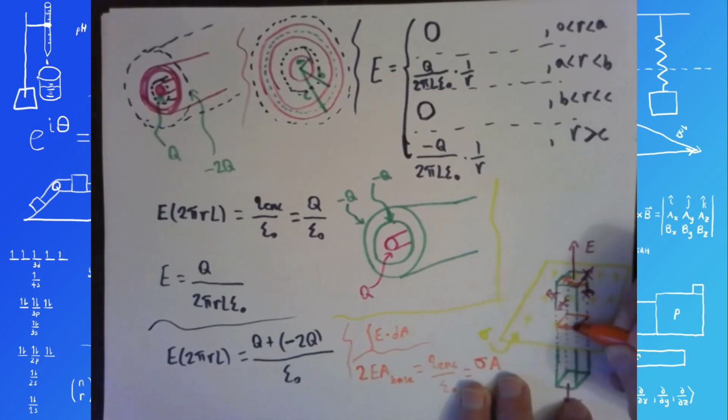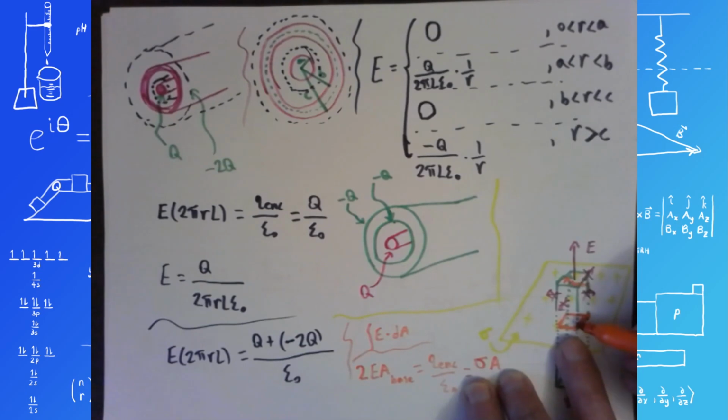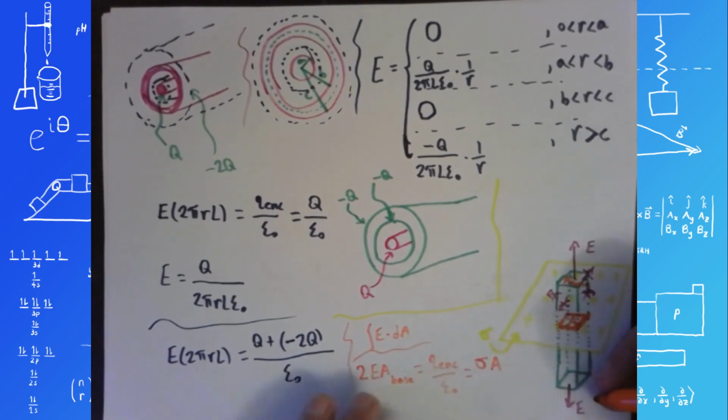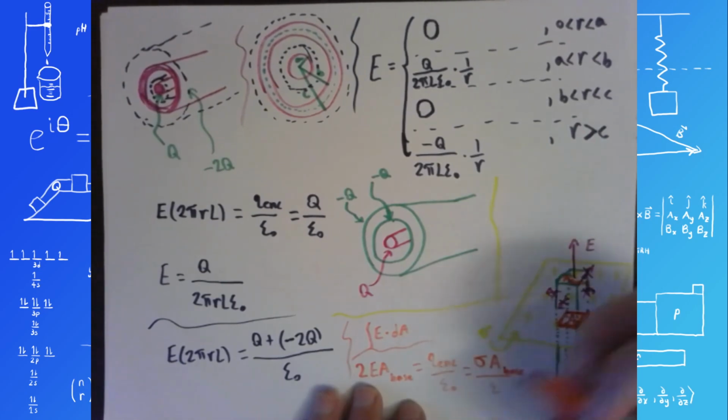Hold on, let me try again. That looks a little bit better, but still doesn't look quite squarish. Anyway, this area enclosed is the same area as the two bases. So in fact, it's sigma times A base is your A enclosed over epsilon naught.